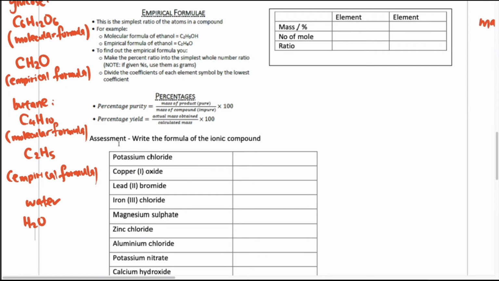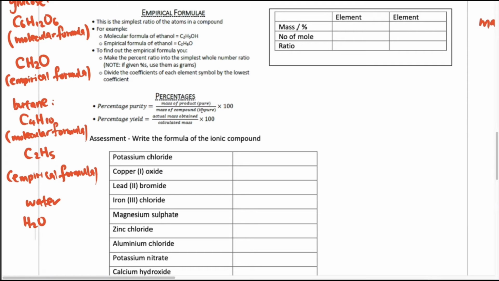Percentage purity. Okay, so the formula is mass of the product which is pure over mass of the compound which is impure, multiply with 100. Percentage purity. So this is the formula, pure over impure times 100. For example, you want to find out how pure is the gold.